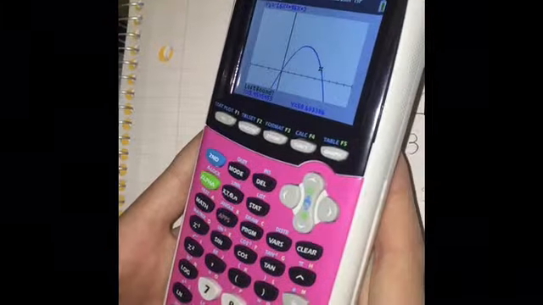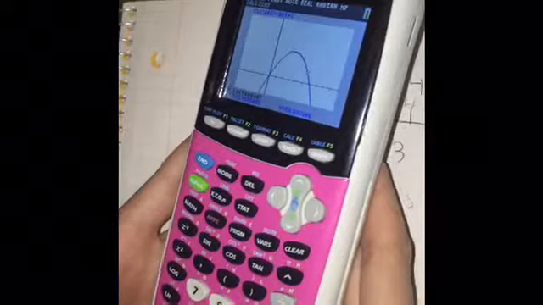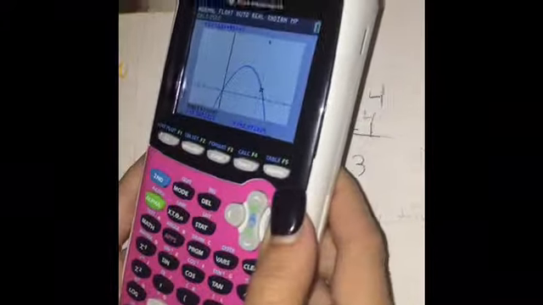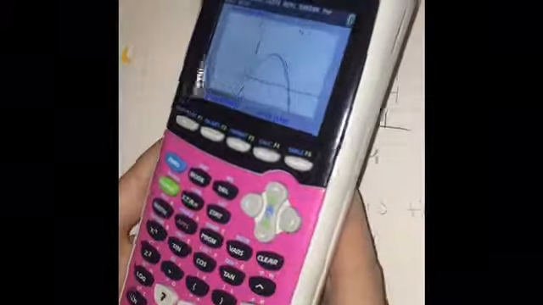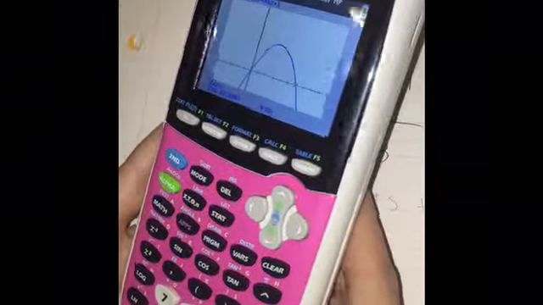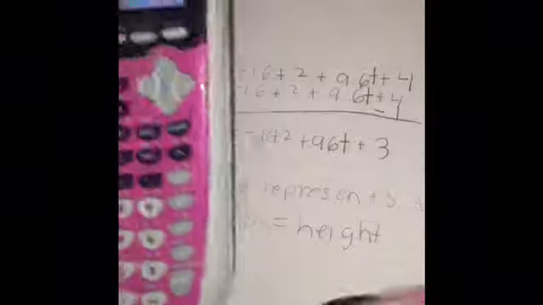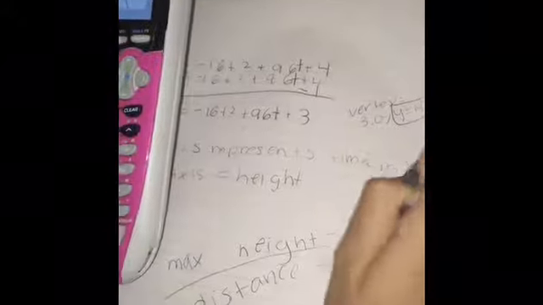Left bound's above, right? Yeah. Okay, so it's 6. So our total answers: our max height is 147 feet, and the distance thrown is 6 feet.